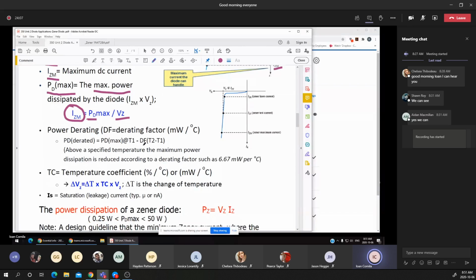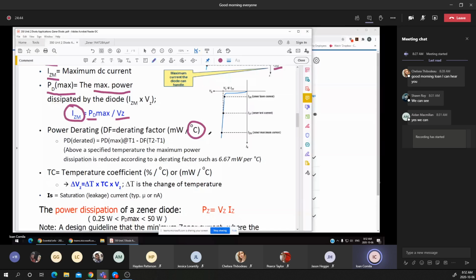Another specification that we are not using, but I want to give you an idea about, is the derated power, or derating factor. I mentioned that usually those characteristics or parameters of a semiconductor are given for a temperature of 20 degrees. But what happens if the ambient temperature is greater than 20 degrees?